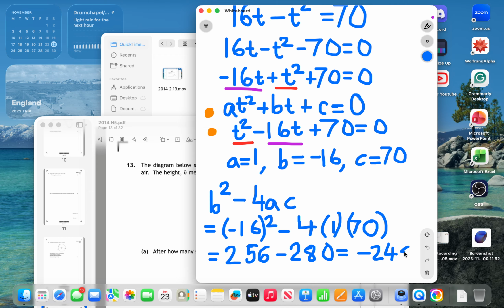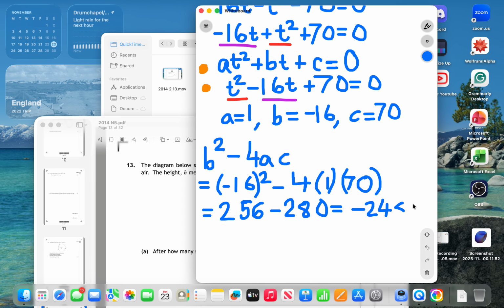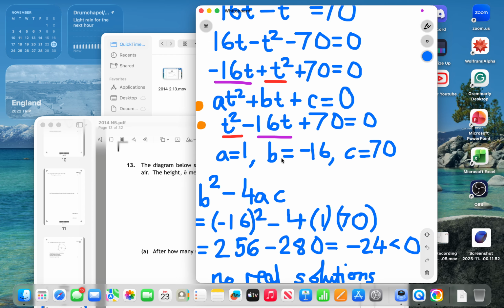So we can say that there are no real roots or no real solutions to the equation that we started with.